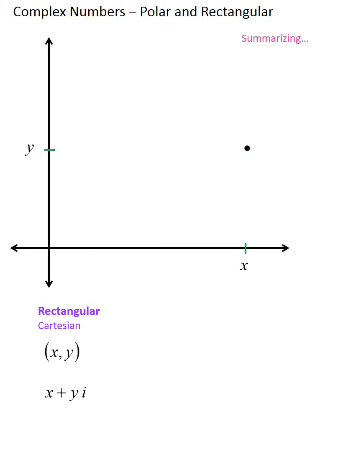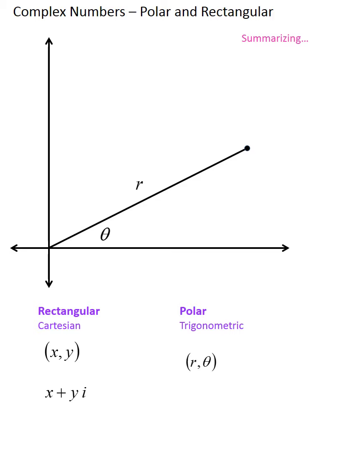On the other hand, if we want to express that same point in polar or trigonometric form, we can do that provided we know its distance from the origin and its angle, and we can similarly express the point that way, or using the unusual cosine i sine format.